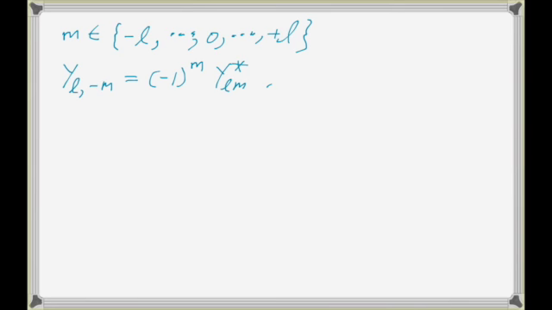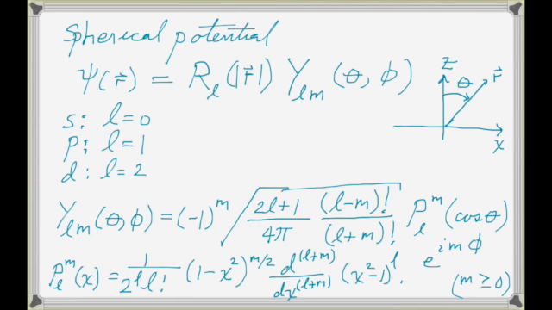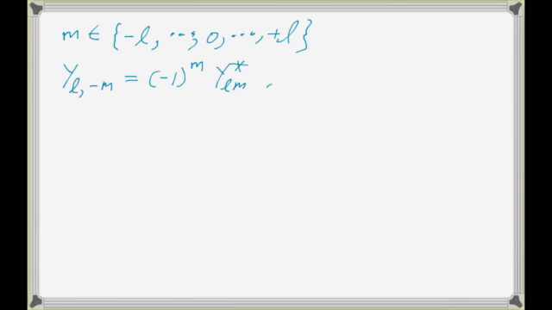So with that we have everything we need, but we really only need L equals 0 and L equals 1. For L equal 1, M can be negative 1, 0, or 1, and those are your three p states. So a p state is L equal 1, right? We just wrote that down. S state is trivial. That's just a single radial function. So when L equals 1, M can be negative 1, 0, or 1, and those define your three p states.